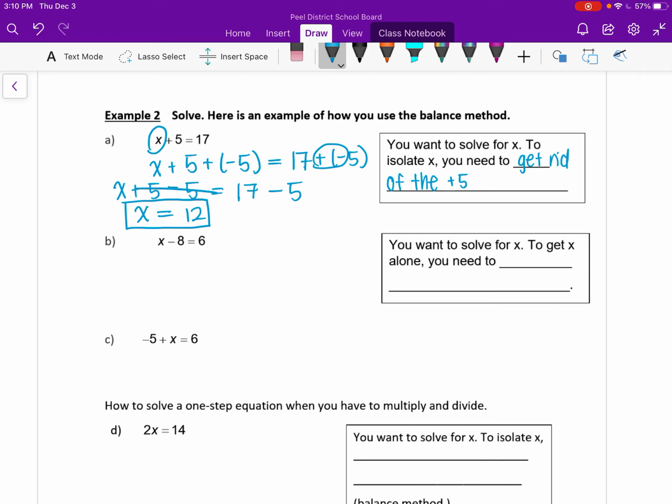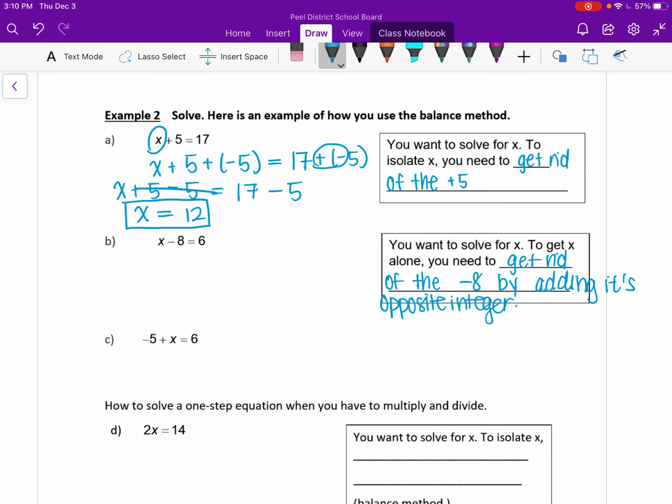All right, so welcome back. What you're going to do is you're going to do the next one. So in order to solve for x, you need to get x alone. So you need to get rid of the negative 8 by adding its opposite integer.